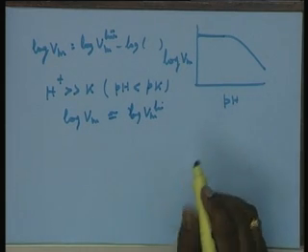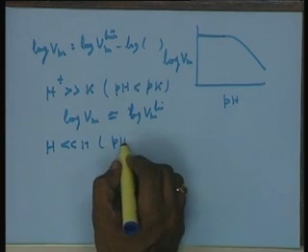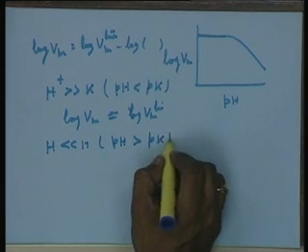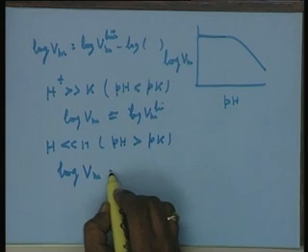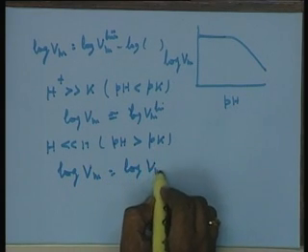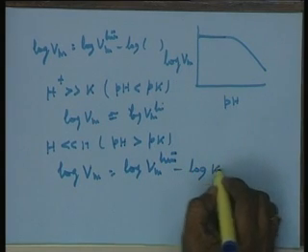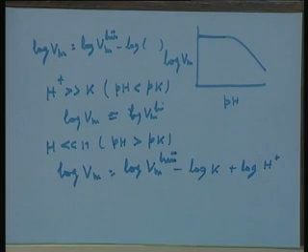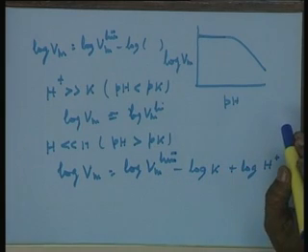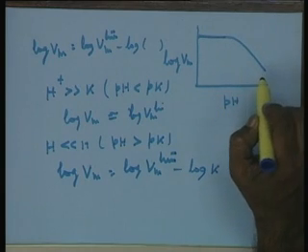Only when the hydrogen ion concentration becomes smaller than K, or pH becomes greater than pK, log Vm is equal to log Vm true minus log K plus log H. The hydrogen ion concentration will influence, and the Vm will decrease, and you get a downward fall.